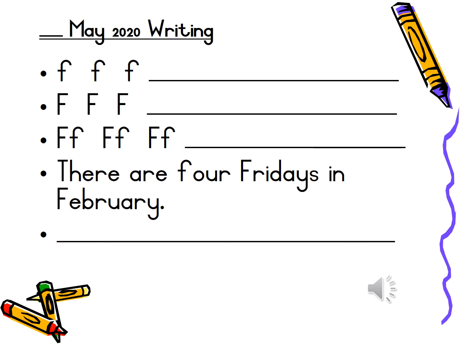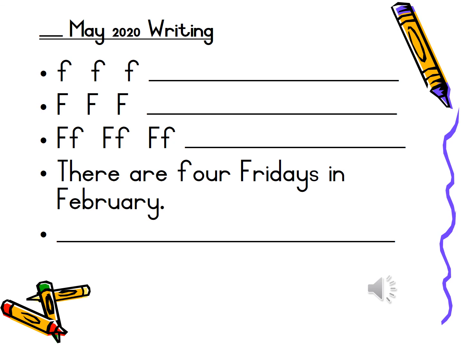For the second handwriting activity, also make sure that you have the date in the heading. It is the letter F. The small letter F is curved at the top. The capital letter F is only straight lines. Both of these are tall letters, remember that.